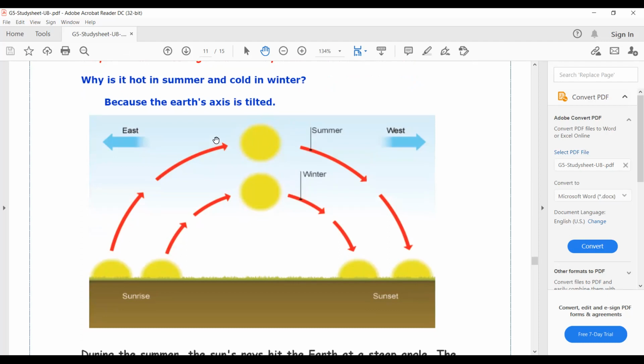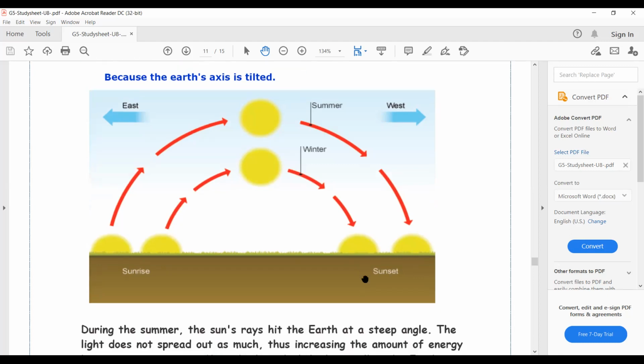And the duration of the daytime in the summer is longer than in the winter. For example, the daytime hours may reach 16 hours in the summer, with a shorter night. But in the winter, it's the opposite. Longer night and shorter daytime.